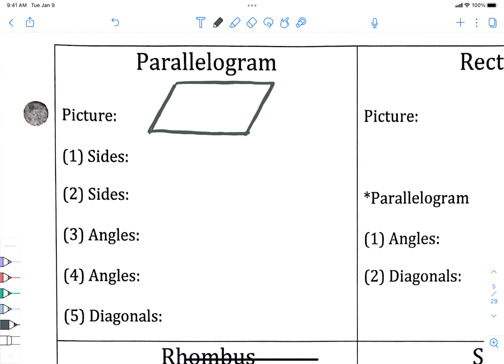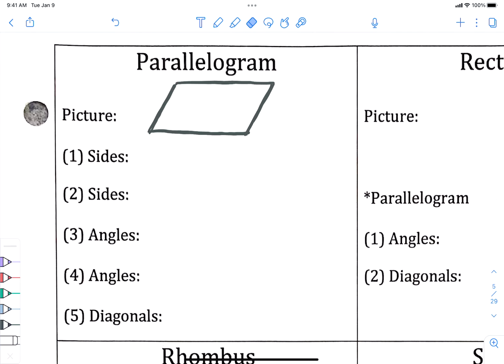He's 4 sides. He doesn't seem like he's terribly interesting, but he does have like 5 unique qualities about him. The 1 through 5 means nothing other than just listing them 1, 2, 3, 4, 5. There are 2 important things to note about the sides of a parallelogram, 2 important things to note about the angles, and 1 thing that happens pretty special with the diagonals of a parallelogram.